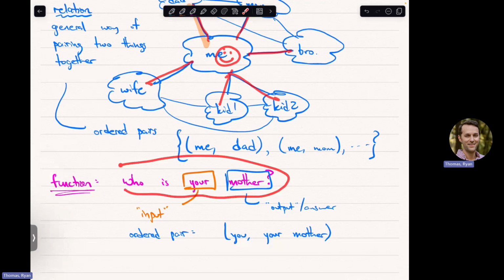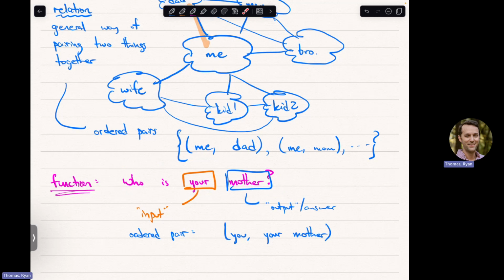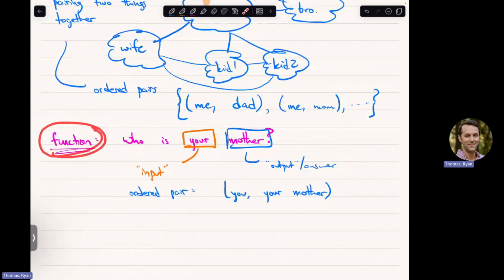Who is your mother, though? And again, biologically, there's only one of those. There's only one possible answer to that. So the thing that makes a function is that it works like that. Whatever the input or the question part of it is, there's only one possible answer in a function.